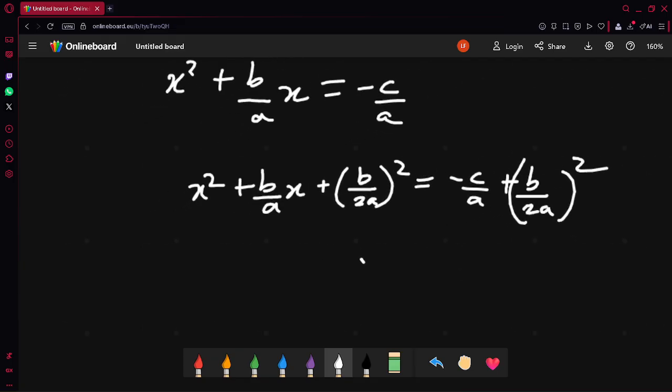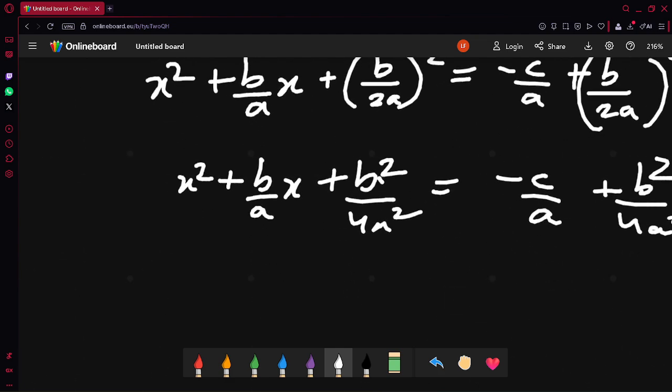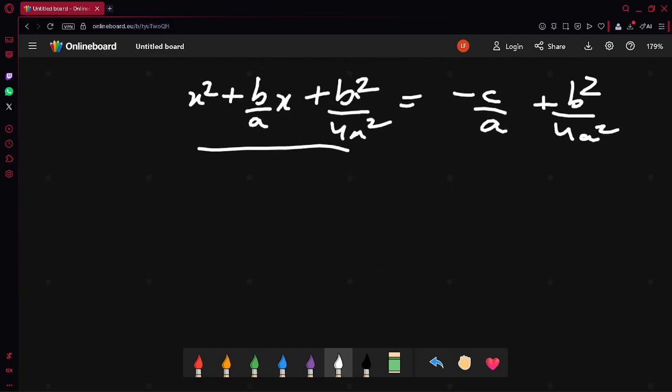And now, we're going to expand this. So this left-hand side, all of this combined is actually x plus b over 2a whole squared.